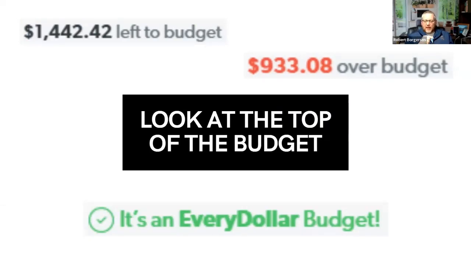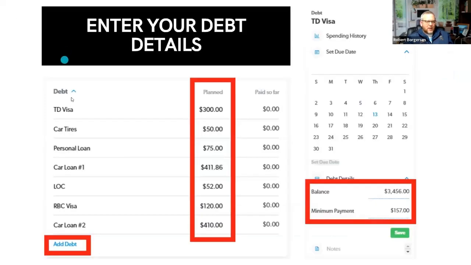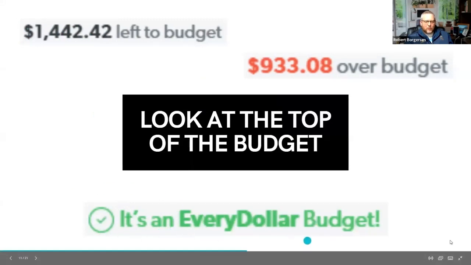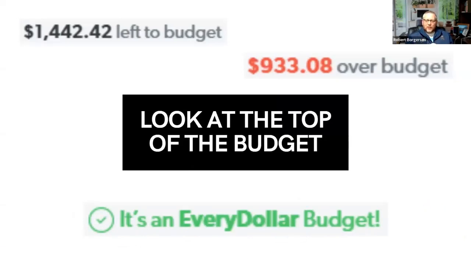And so you might go back then to your debt and change the planned amount from 300 to 400 or 400 to 500 or whatever it is, until this number gets smaller and smaller until it gets to exactly zero. Your budget is not done until it is an every dollar budget. You've spent every single penny. Okay. And that's it. You've made a budget.